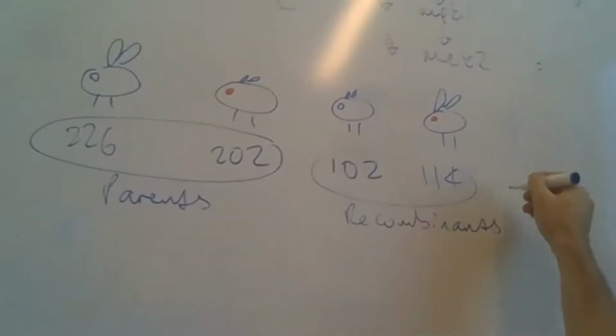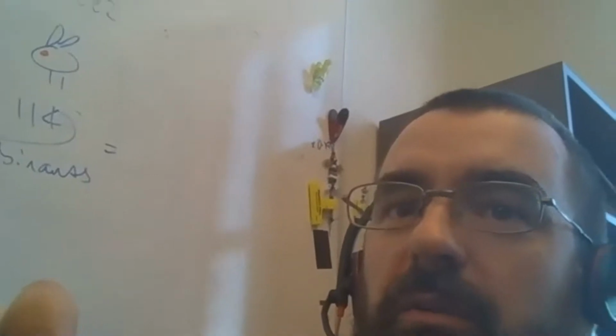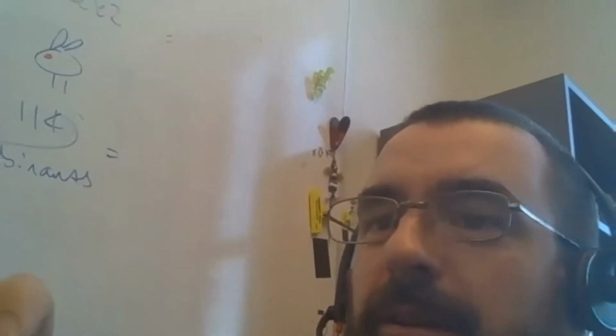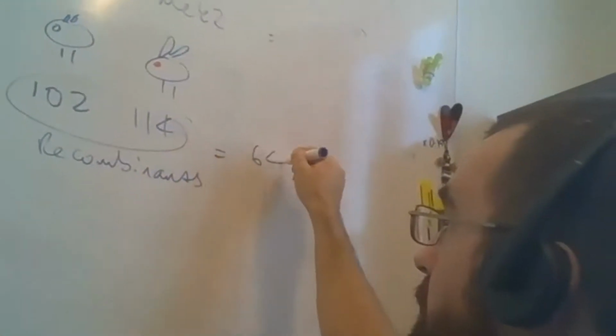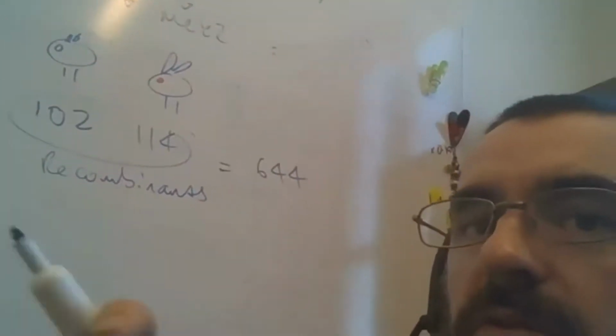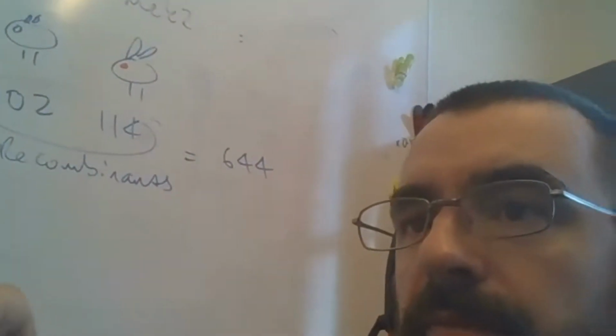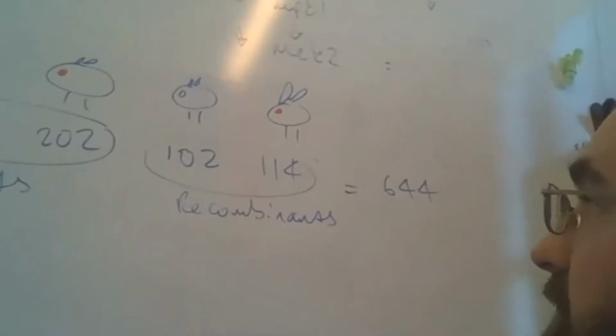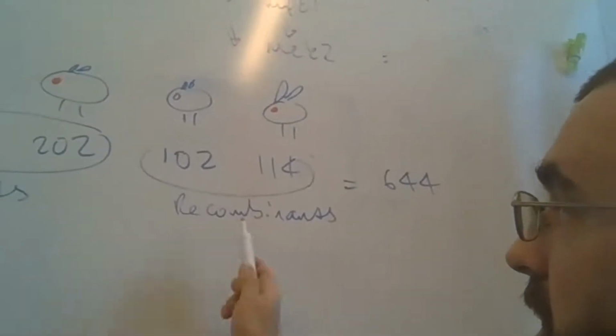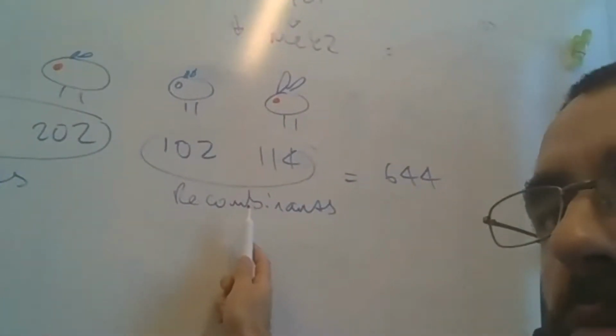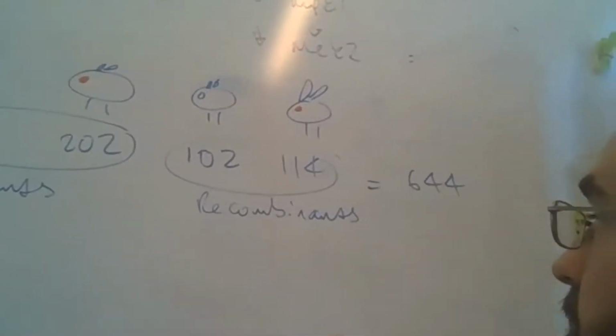So the total is, actually, I'm going to cheat and look at the PowerPoint. 644. Now the recombination frequency is how often you get recombinants out of the total.